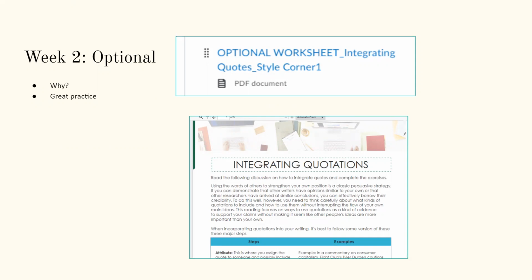This is great practice to help you for this course and other courses, and especially so you don't have to ask me, what is integrating a quote? Because you can practice on your own and you will get the full range of points for forums and for your major assignments because you will correctly integrate quotes.